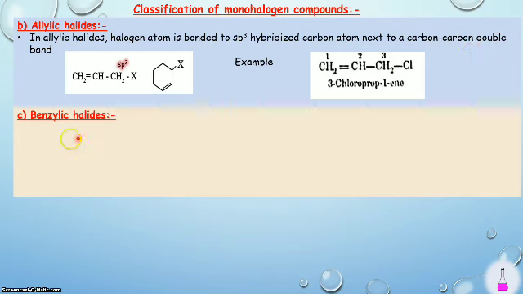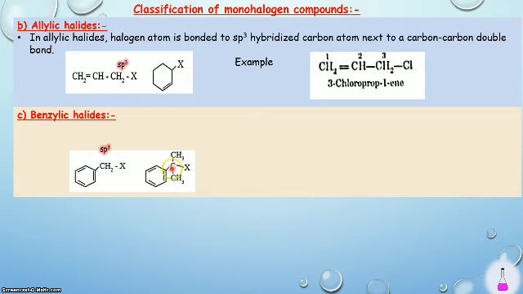Next monohalogen compound is benzylic halides. This is the general example of benzylic halides in which halogen is bonded to sp3 hybridized carbon atom, which is further bonded to benzene ring. Here also you can observe this halogen is bonded to sp3 hybridized carbon atom, which is bonded to aromatic ring or benzene ring.